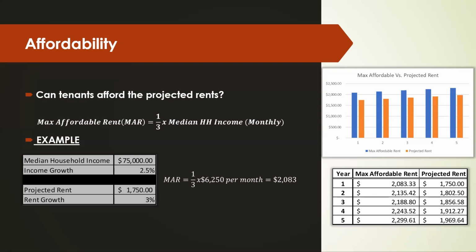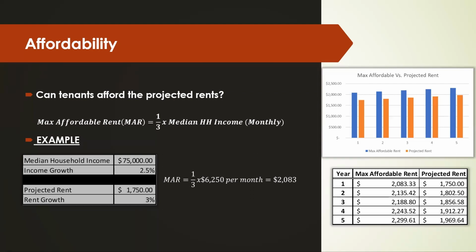Here's where we'll look at affordability. And again, the question is can the tenants afford the projected rents? What we do is we look at the max affordable rent, and that is a third of the median household income on a monthly basis. In this example, we threw out $75,000, and we have an income growth of 2.5%.